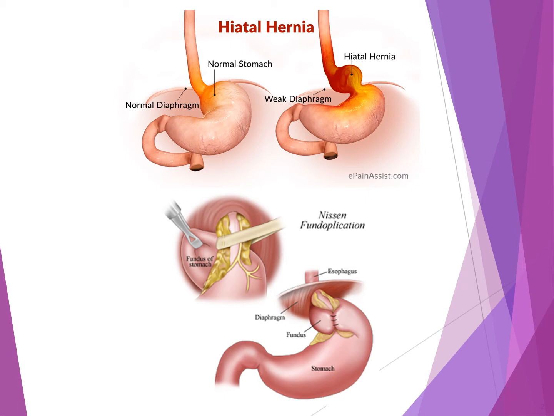So hopefully that's going to keep it from herniating back up into the thoracic cavity. They can also put some mesh to reinforce that portion of the diaphragm and hopefully dissuade the stomach from reherniating up through that opening where the esophagus passes through the diaphragm.